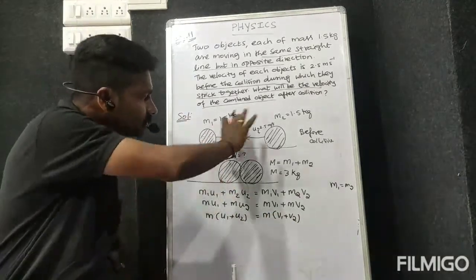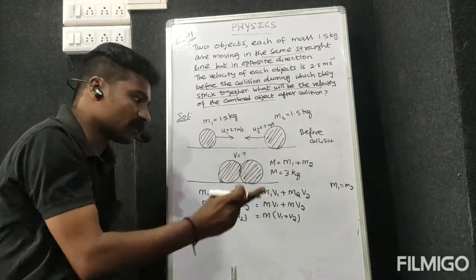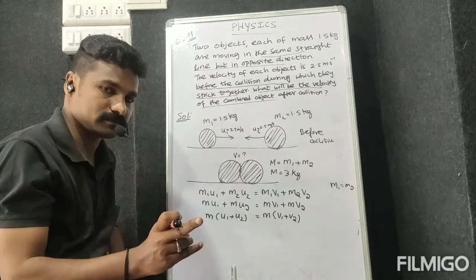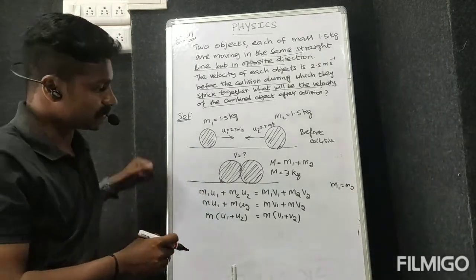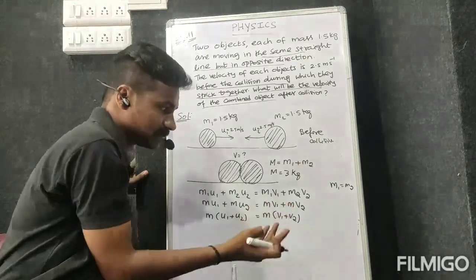But we know that after combining, after the collision there is only one velocity, not two. Both combine together and move with the same velocity.